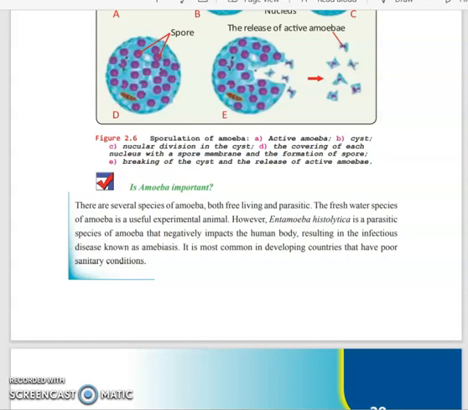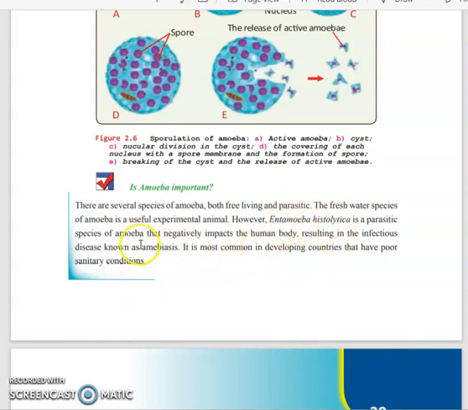Now, what is the importance of amoeba? There are many amoebas, parasitic and free-living, and those in fresh water are useful experimental animals. However, Entamoeba histolytica is a parasitic amoeba that negatively impacts the human body, resulting in an infectious disease known as amoebiasis.